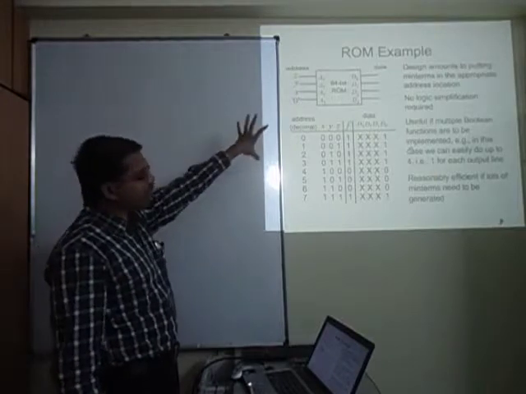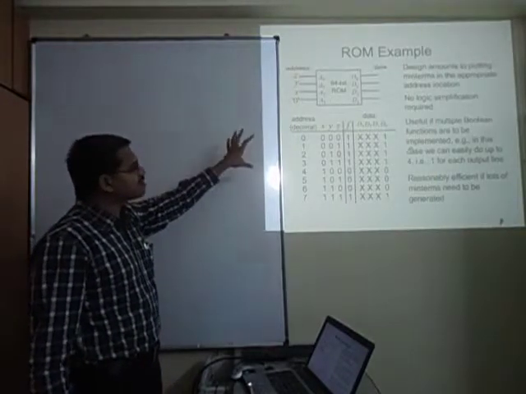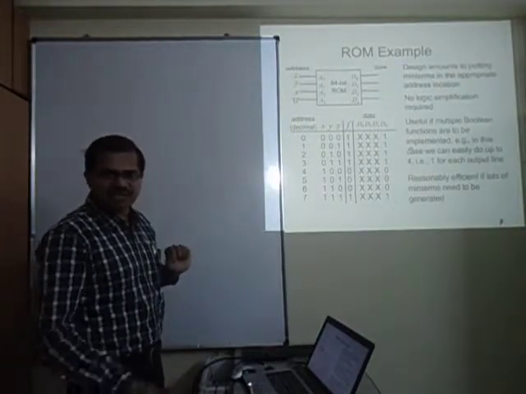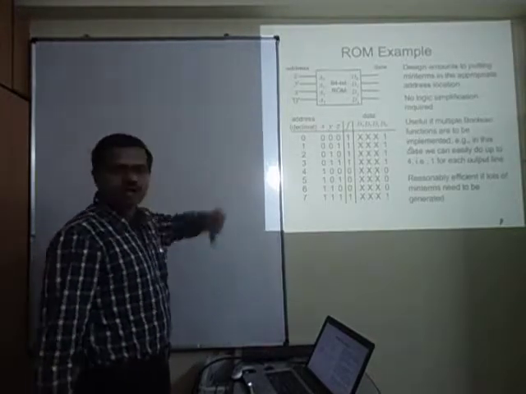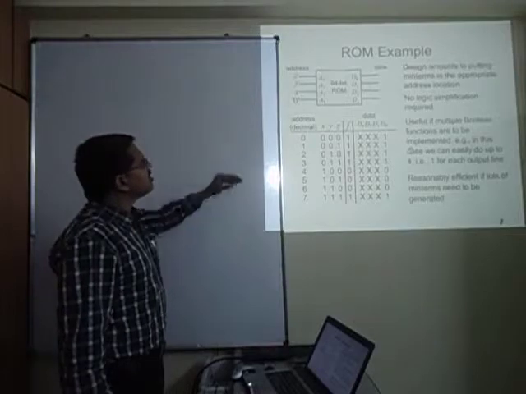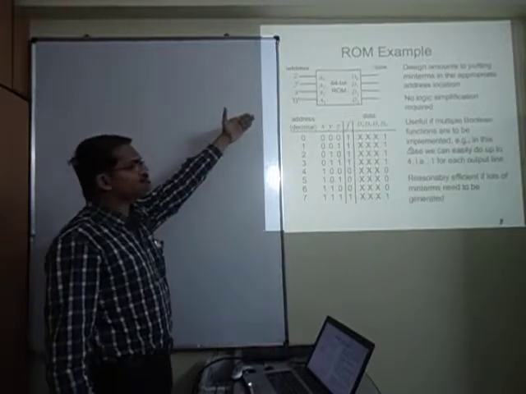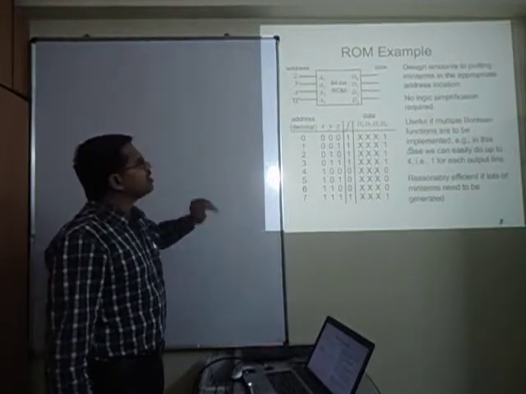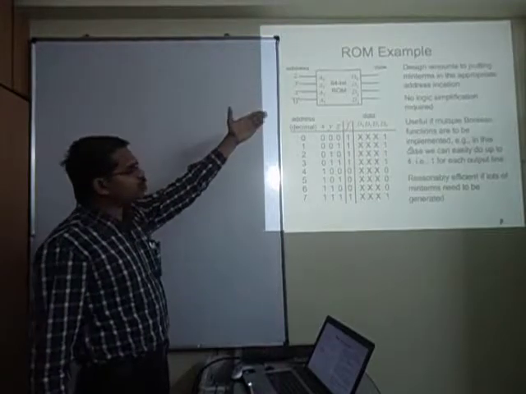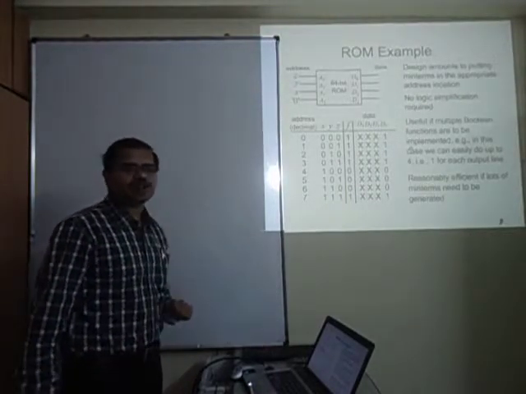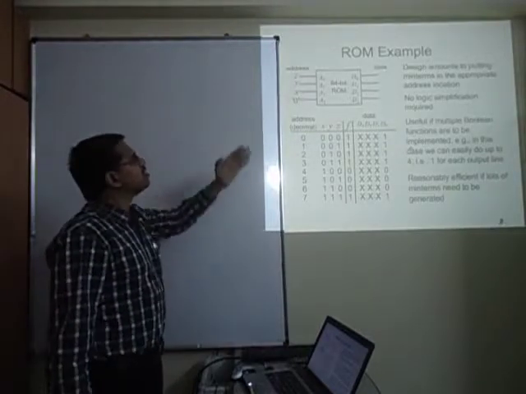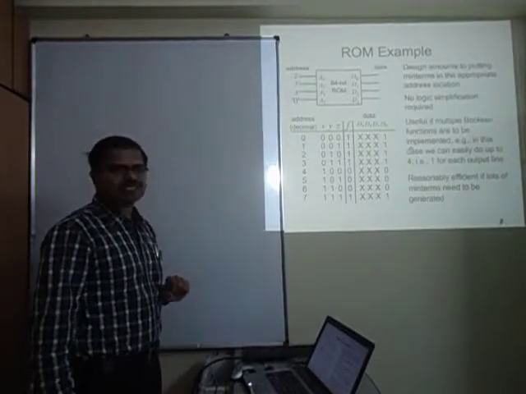When we are using ROM for implementing combinational Boolean functions, whatever inputs your Boolean function has will be fed to the ROM inputs, the address lines. If you have more address lines than inputs, you can feed zeros to them. And whatever Boolean function output you want will be achieved by putting the appropriate content into the ROM. This is a 64-bit ROM. How 64-bit?